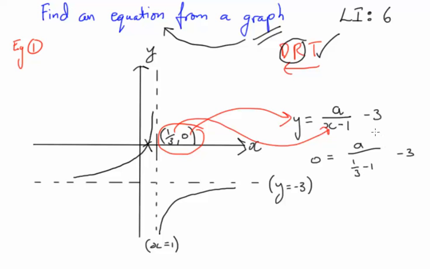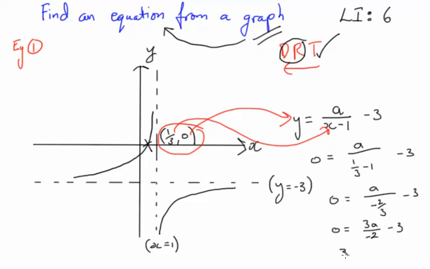Now we just need to turn the crank and solve for a. 0 equals a on, well, a third minus 1 is going to be negative 2 thirds, and we've got minus 3. If you remember your tricks from last year, you know that this number can pop up there, and we get 3a on negative 2, minus 3.